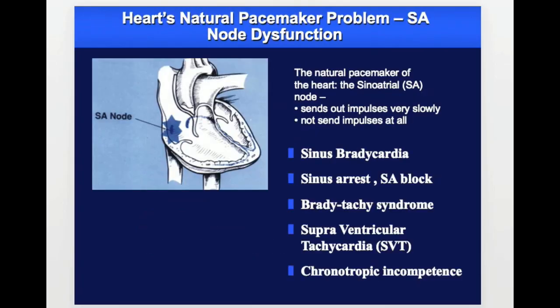The sinus node problem, generally we call it sinus node dysfunction, encompasses a variety of impulse formation and conduction problems, including sinus bradycardia, sinus arrest, sinoatrial block, supraventricular tachycardia alternating with a period of bradycardia, or what we used to call tachy-brady syndrome, and chronotropic incompetence.